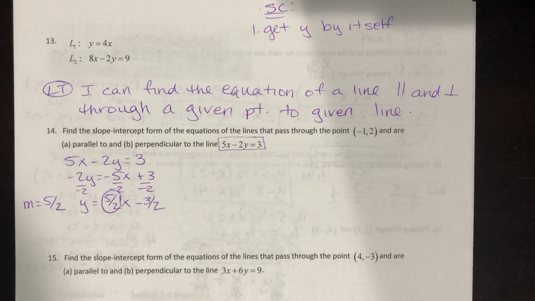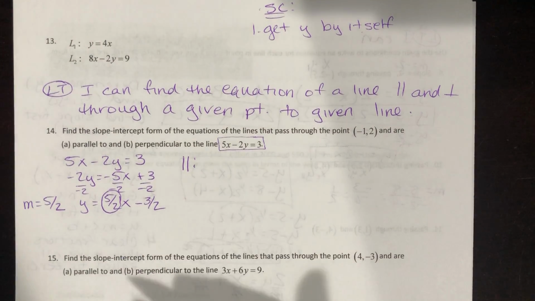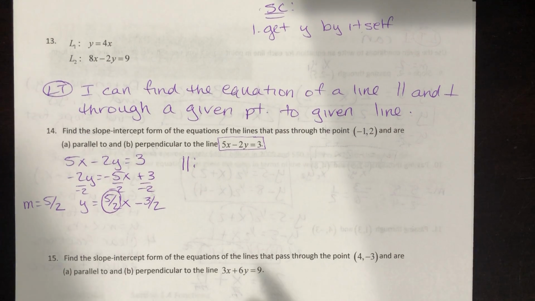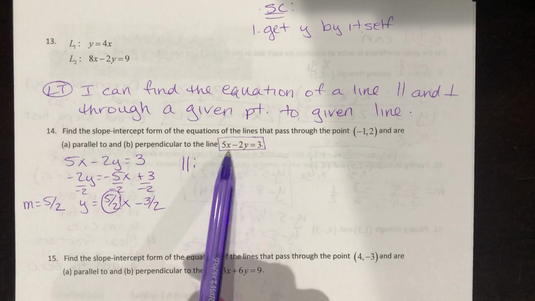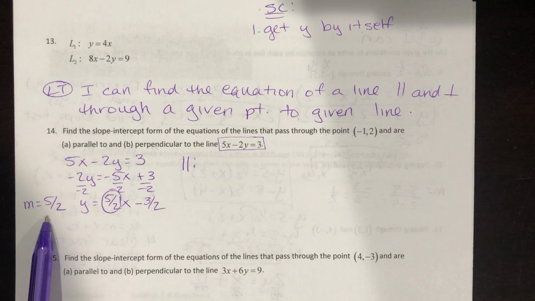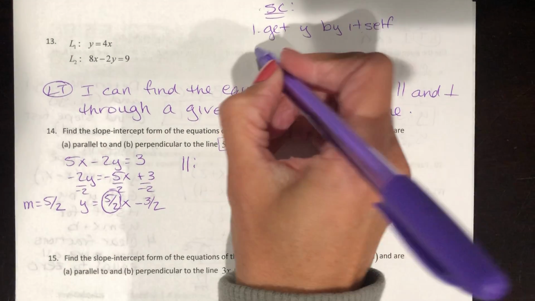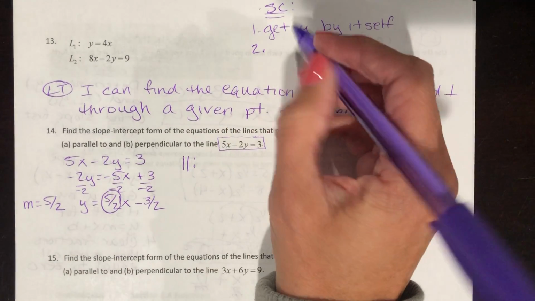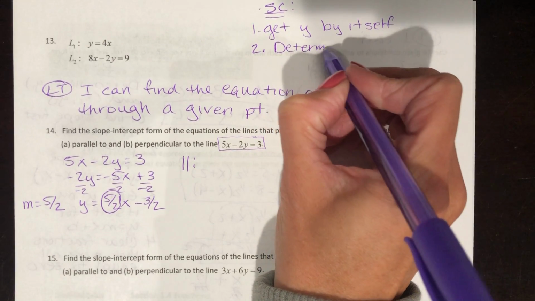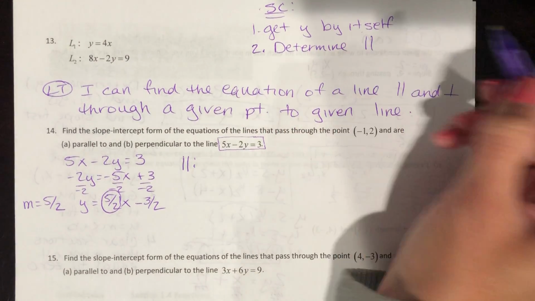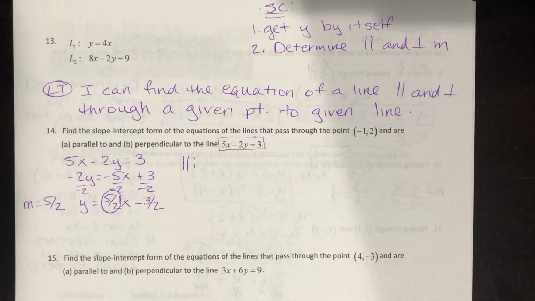To find my parallel line, I'm going to use the same slope because I know parallel lines have the same slope. So the line parallel to this line is also going to have the slope of 5/2. So we're going to determine both the parallel and the perpendicular slope.